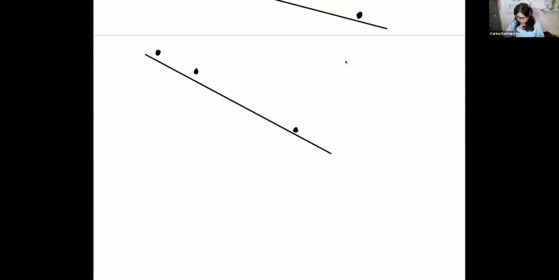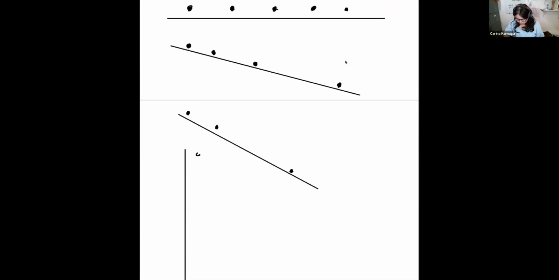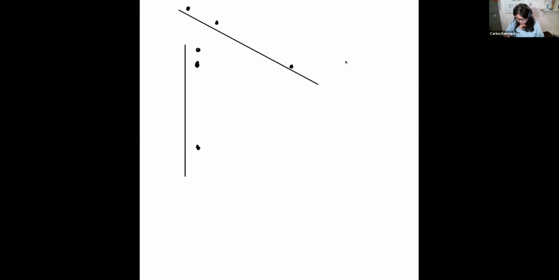Same thing with free fall. When the object is completely vertical, they're going to be going faster, something like that.